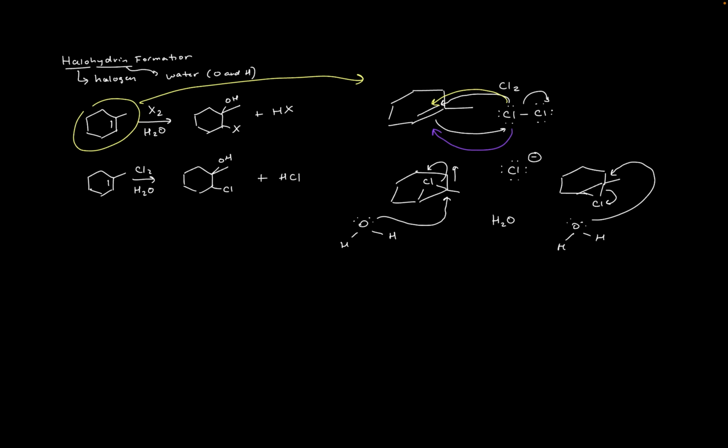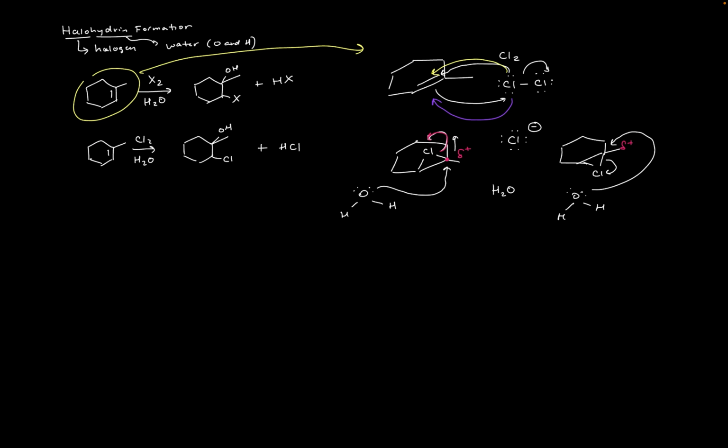The reason for this is one of these carbons is going to become more electropositive as the chlorine shifts away from it, and we'd rather have the carbon that's more substituted be the one that's more electropositive. So that's why it's going to attack the more substituted carbon.